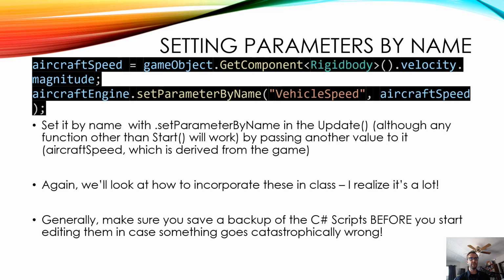Close my parentheses and then terminate that with a semicolon. So what that's doing is it's taking the speed of the aircraft, scaling that by velocity magnitude, and passing that data to the vehicle speed parameter within FMOD. And it's using that to change the filtering that's been set up.